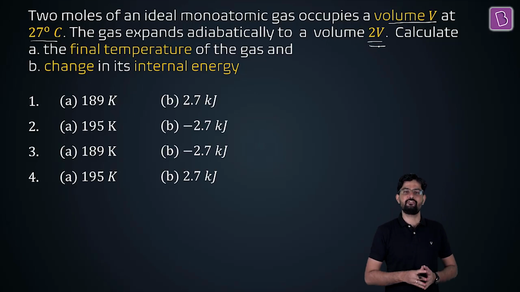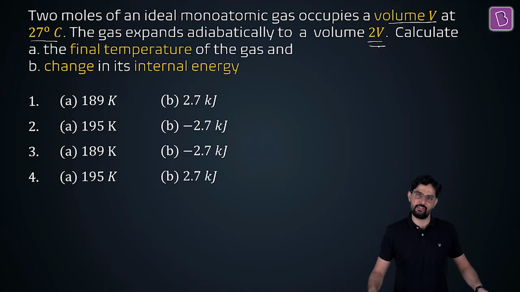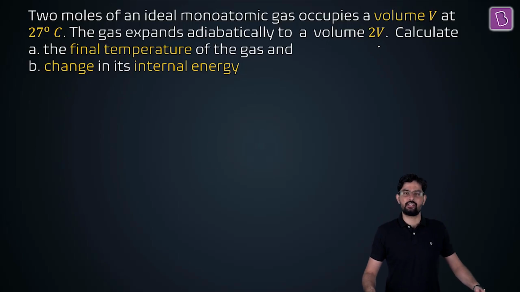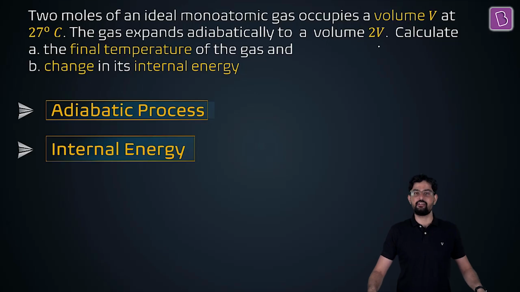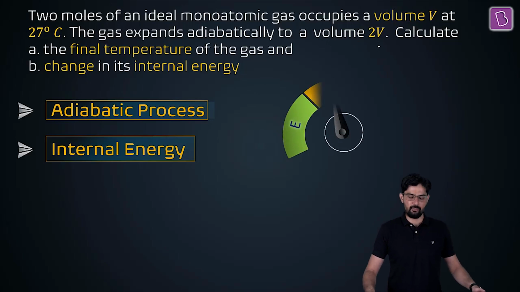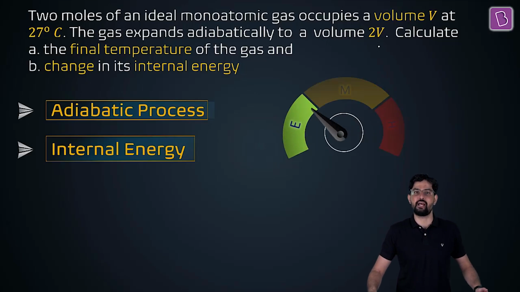You have to find out the final temperature of this gas and the change in its internal energy. So what do you think are the concepts which are involved? Well, we have the adiabatic process and internal energy. And this problem is easy, as most of the problems from thermodynamics are.